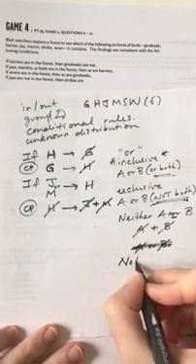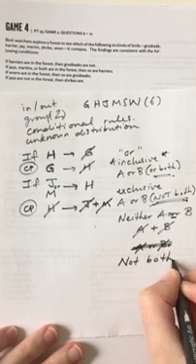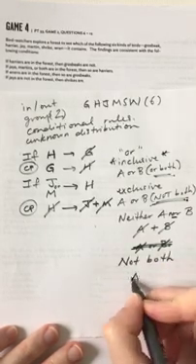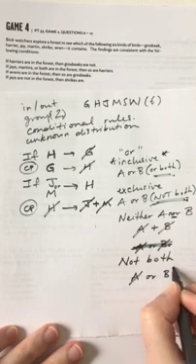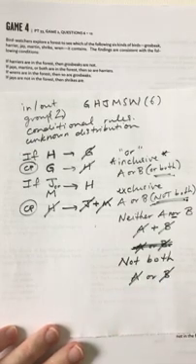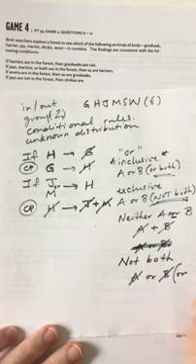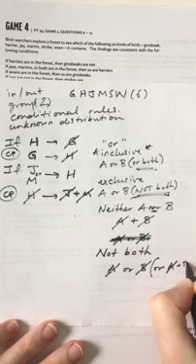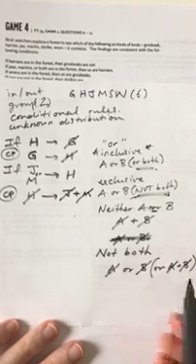Also, good to understand that not both means that one or the other is out, okay? So we know not both of them are in, so that means at least one of them is out. So we could have A out or B out, or, right, again, we have it including the possibility that both of those things are true, right?